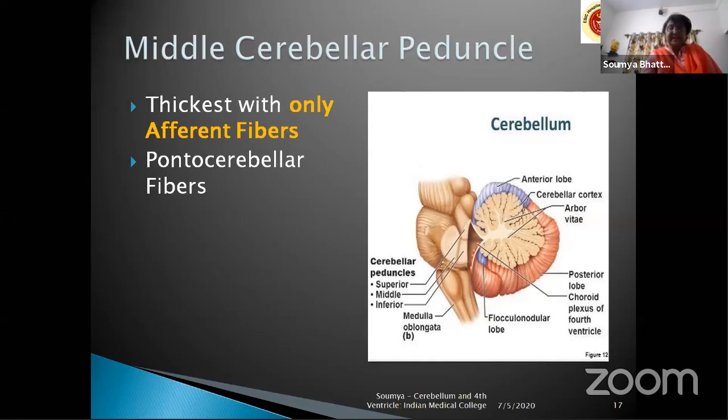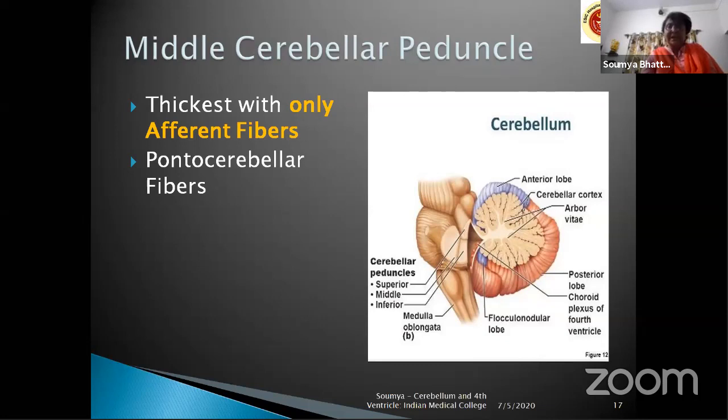In the next slide, it is the middle cerebellar peduncle. My dear students, you have to make a note now. See, it has only afferent fibers. You know, most important MCQs can be made where you get something exceptional. The middle cerebellar peduncle, which is against the pons, has only afferent fibers.